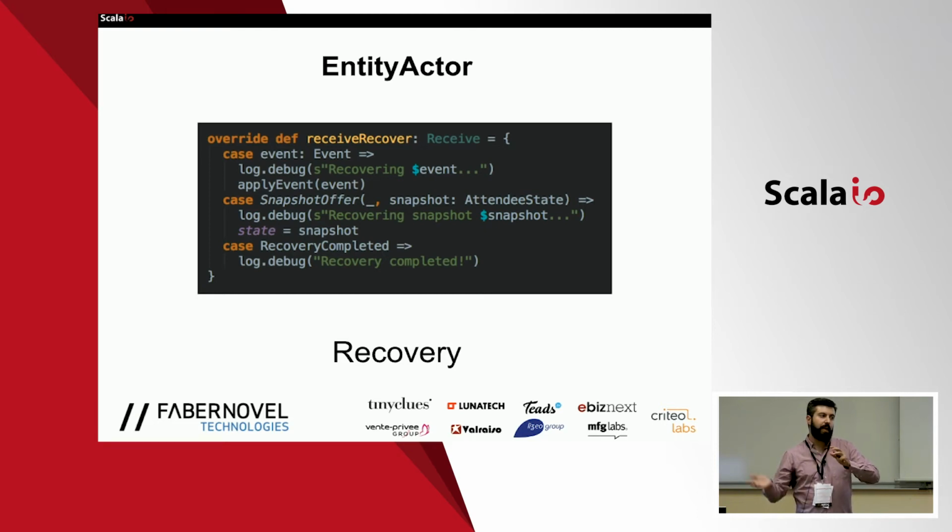So when we are replaying the events we have in Cassandra, we don't have to replay all of them. We are going to take the latest snapshot we have, and then based on that snapshot, we are going to apply all the rest of the messages that weren't included in that snapshot. Not sure if I explained it very well.